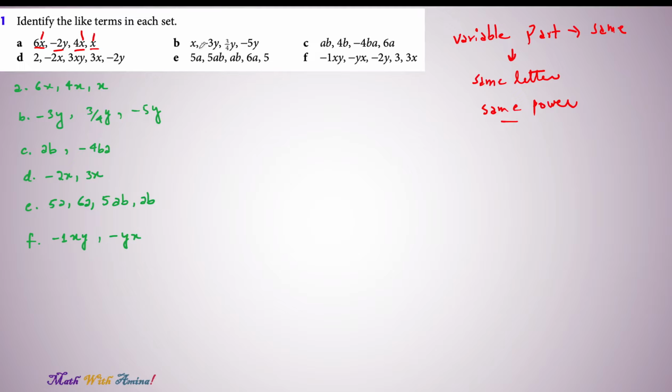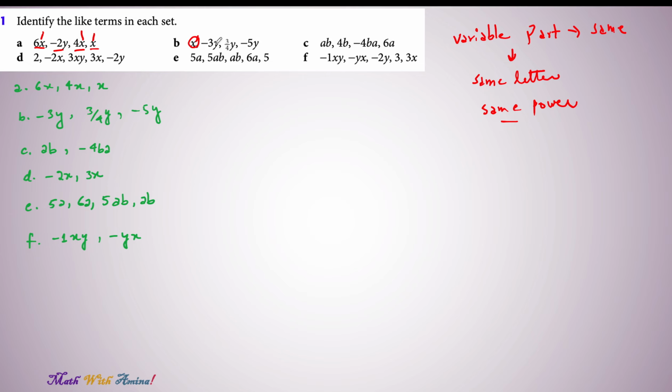We look into the second set. Again, we have two variables, x and y. We start with x, so there is 1x and there is no other, so we do not have like terms similar to the variable x.